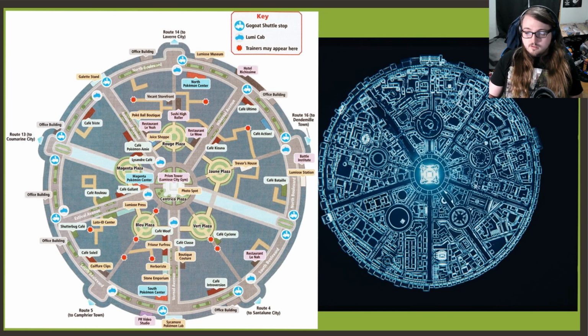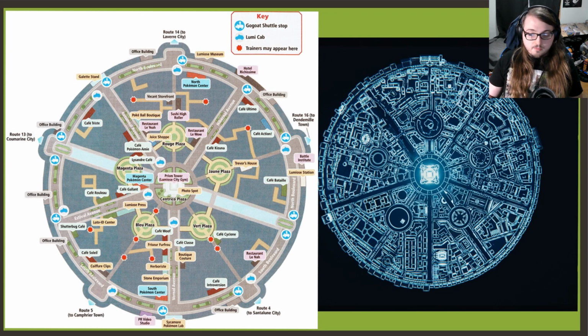And this one, my thing here, this one is from the trailer, where we get to see it in its 3D XYZ axis form, like the blueprint. But if we also look over here, right here in the center of Lumiose City, the tower is actually called the Prism Tower, which is very interesting.